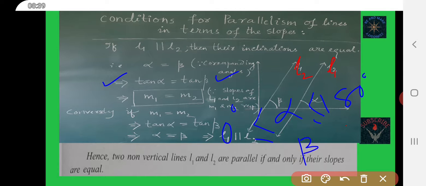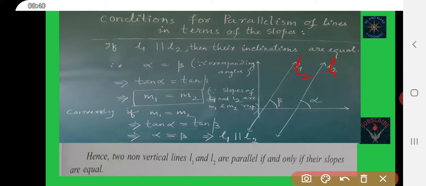Beta also varies from 0 degree to 180 degree. And as alpha and beta are equal to each other, tan alpha is equal to tan beta.